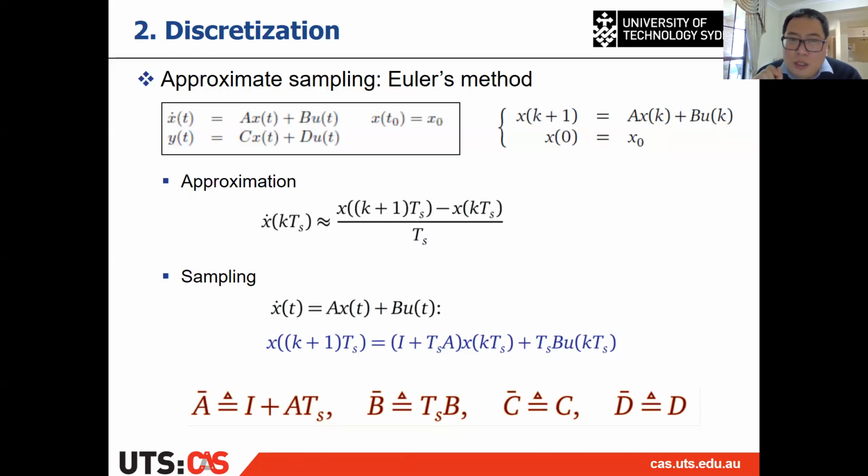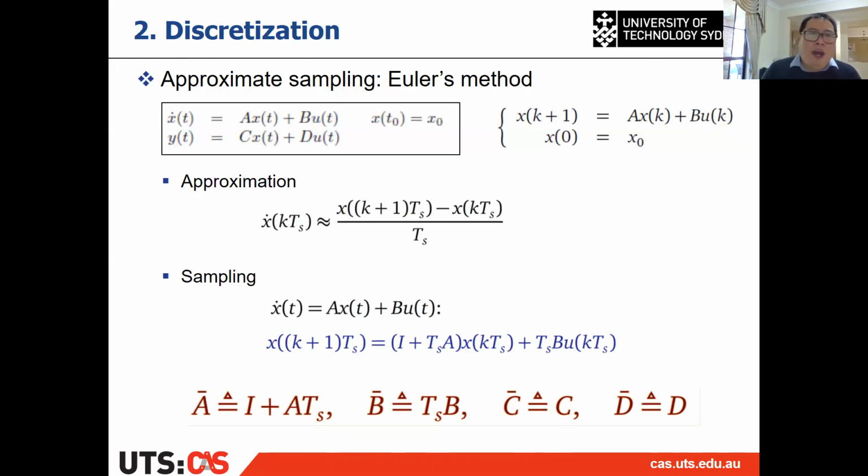If you remember that. So which means the discretization, we have ways to convert a continuous time system into a discrete time system. But the thing is, the discretization methods are approximations. They are not exact.